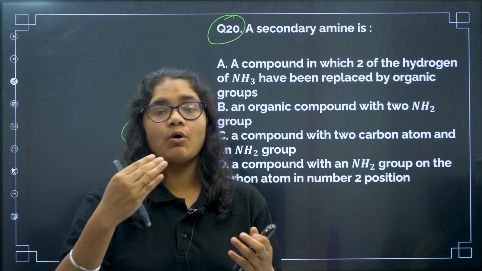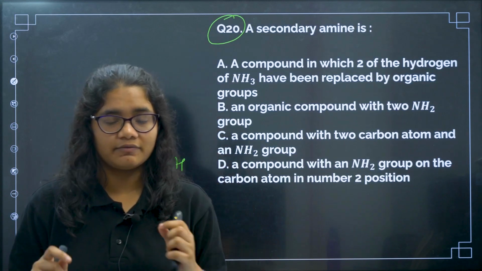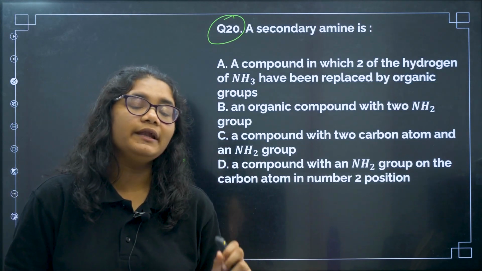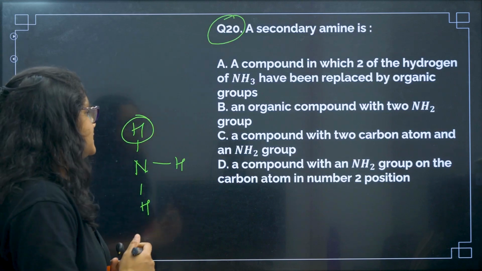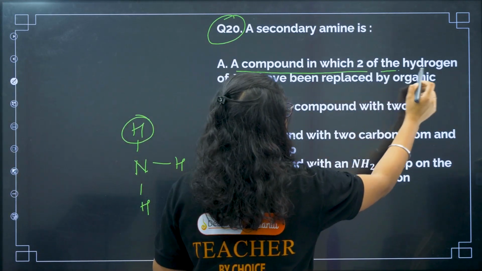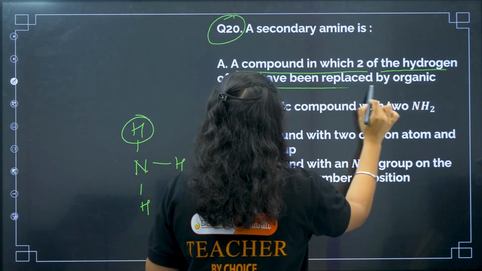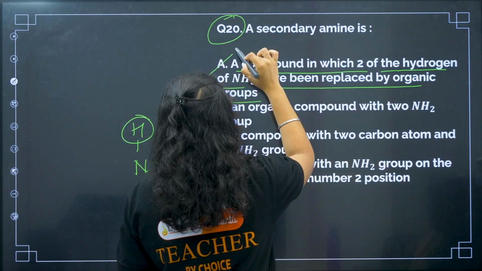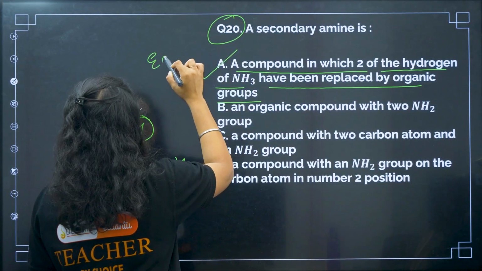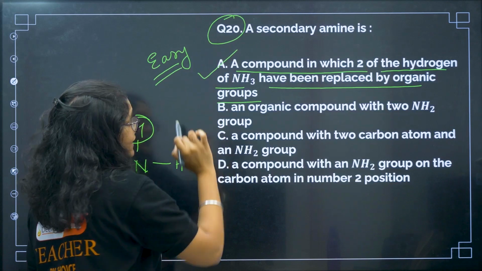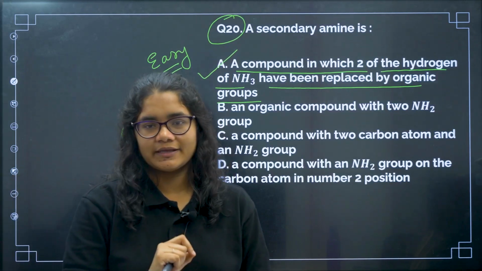And if you replace all 3 hydrogens with alkyl groups, then we call it a tertiary amine, right? So a secondary amine is a compound in which 2 of the hydrogens of NH3 have been replaced by organic groups. So the correct answer is option A. Again, this is a super easy question, but a very fundamental and basic one.